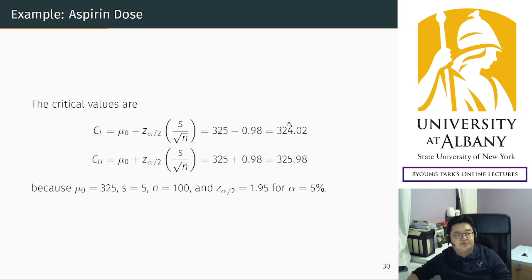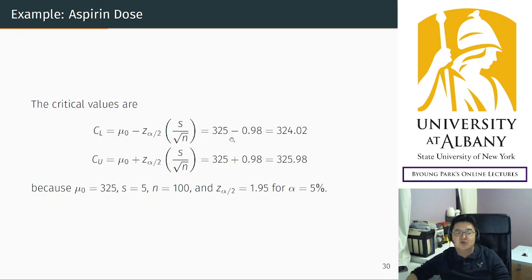The answer is like this. The null hypothesis value is 325, and you allow plus minus 0.98. So this part is the same as before because alpha is the same, standard deviation is the same, sample size is the same. The only difference is mu zero.